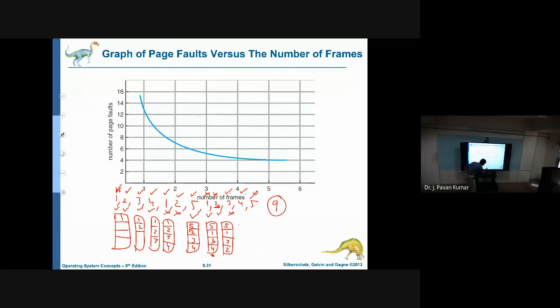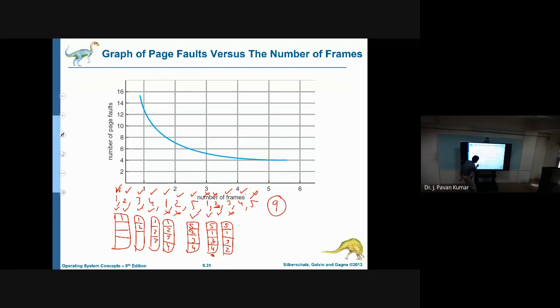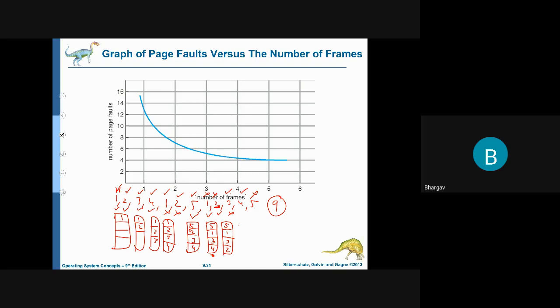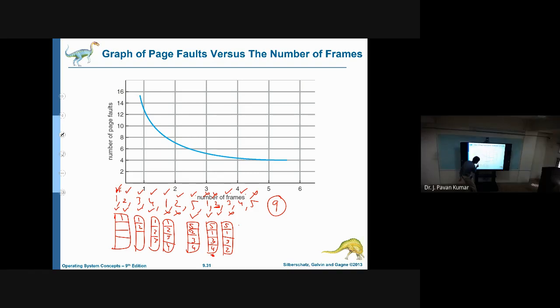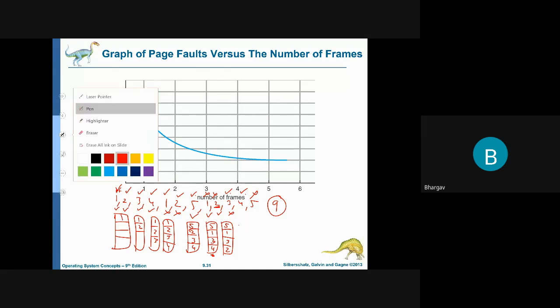So now page fault occurs. Which one do we have to replace, which one we have brought into the main memory first? 4 only or 3? 3 was brought first.